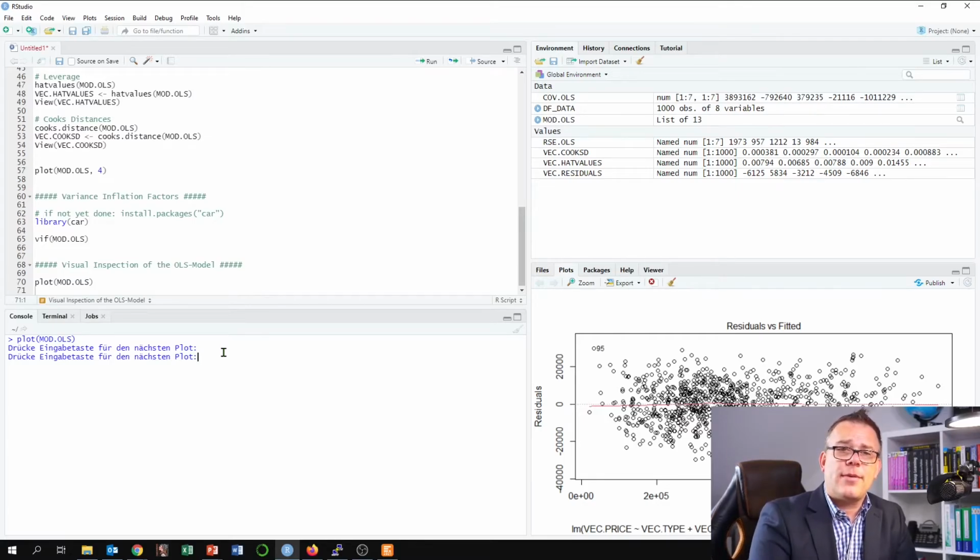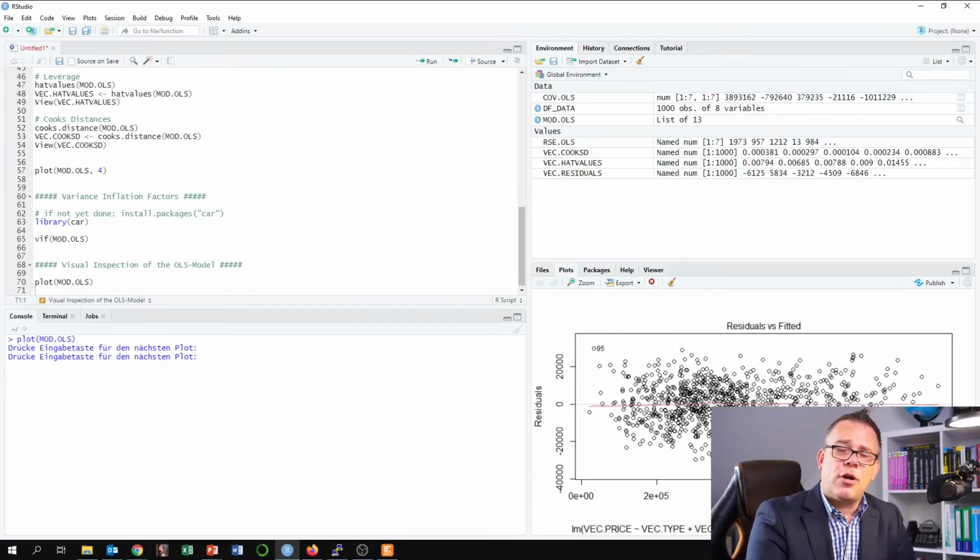So what do we see on this graph? We see the fitted values on the x-axis, and we see the residuals on the epsilon axis. And of course, this is very much a plot where we can detect heteroscedasticity. Here, seemingly, we don't have a big problem.